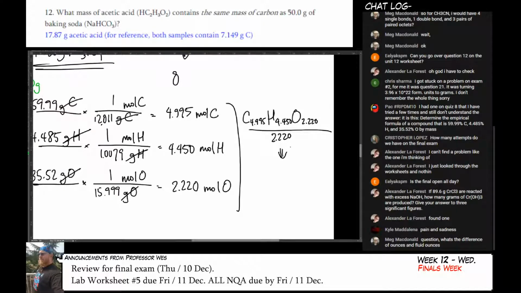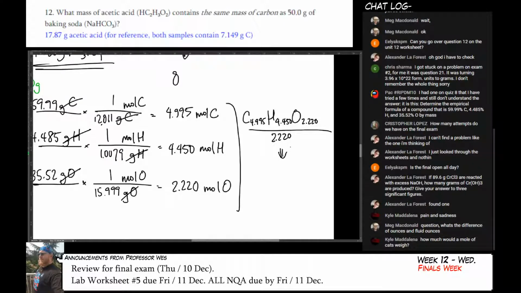So 4.995 divided by 2.220 is 2.25. 4.450 divided by 2.220 is 2.0045. That's really close to 2. And then O is just divided by itself, so it's 1.